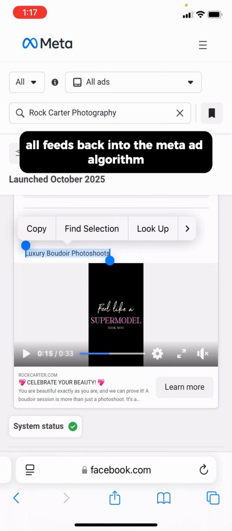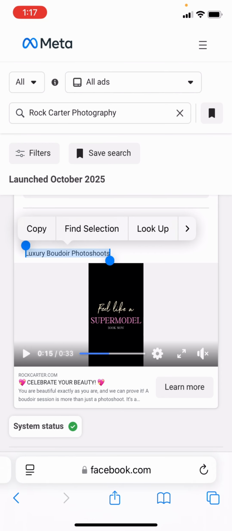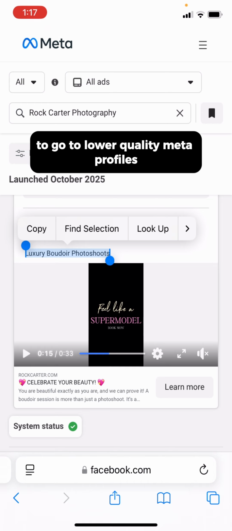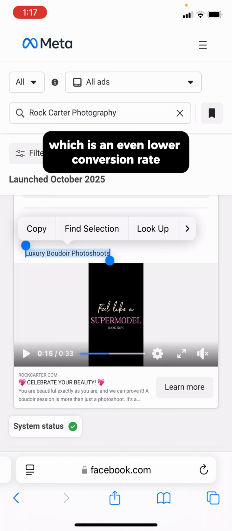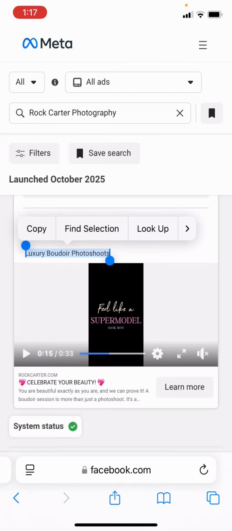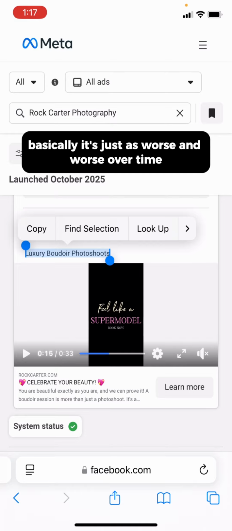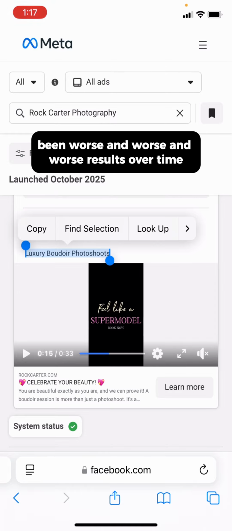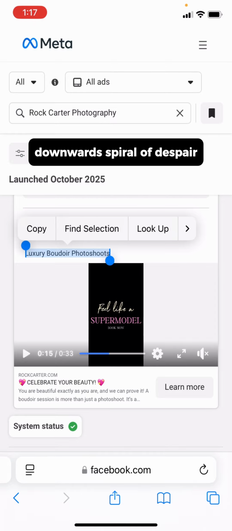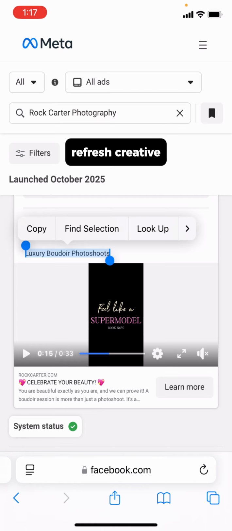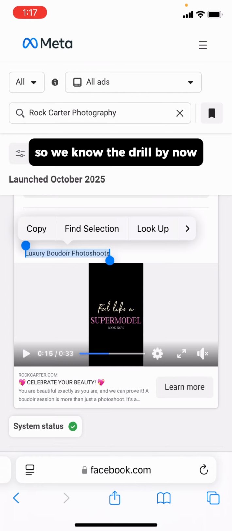All feeds back into the Meta ad algorithm. And then our ads for tranche two go to lower quality Meta profiles, which is an even lower conversion rate. Ad dies, basically it just gets worse and worse over time. Same ad spend, worse and worse results over time. Downward spiral of despair. Ad burns out. Refresh creative. So we know the drill by now.